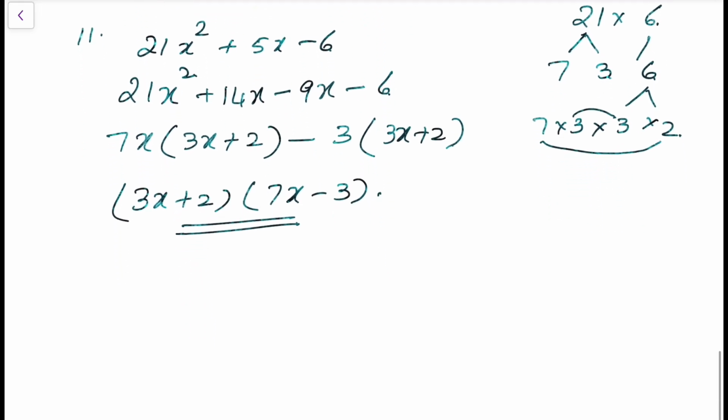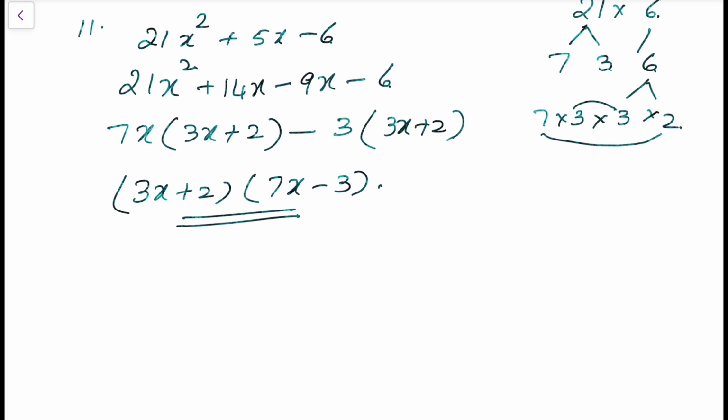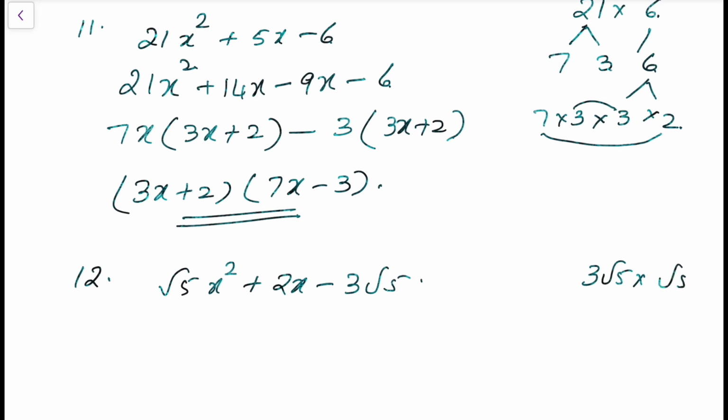The next question. Root 5x square plus 2x minus 3 root 5. Now, you multiply the constant with the coefficient of x squared, 3 root 5 into root 5. So, it is 3 into 5, 15.